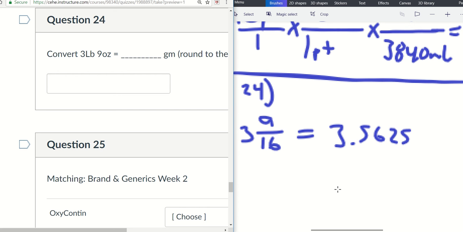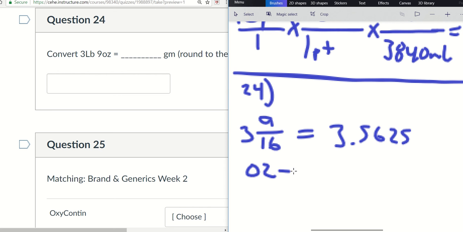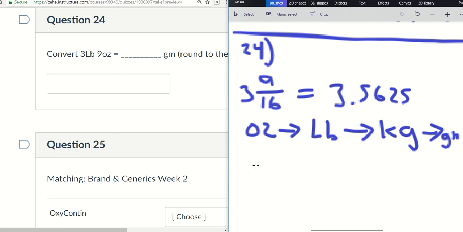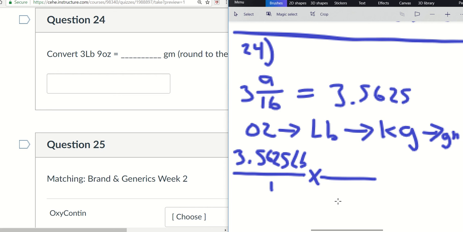All right, now that we have a decimal, we can convert from ounces to pounds, and then from pounds to kgs, and then from kgs to grams. So this one was just a conversion exercise. Let's do the math. 3.5625 pounds. Let's convert this now to kilos.